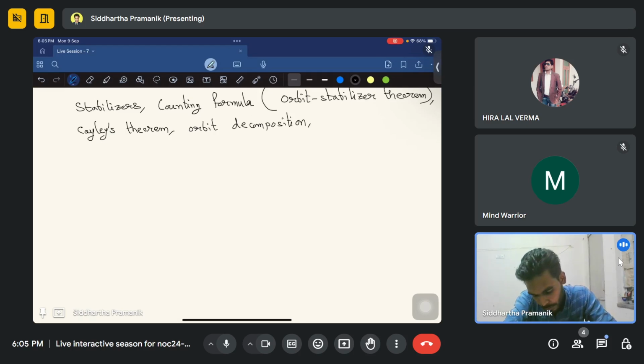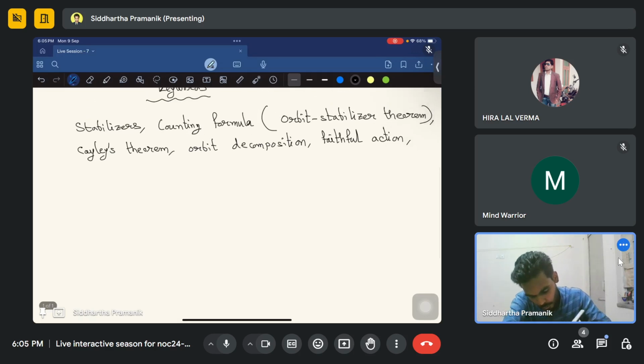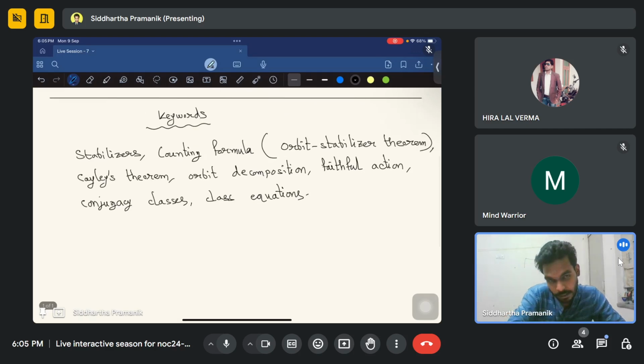Then we saw one special type of group action known as faithful group action. After that we saw conjugacy classes, and we ended up with class equations. So more or less this is the main content of week 7.